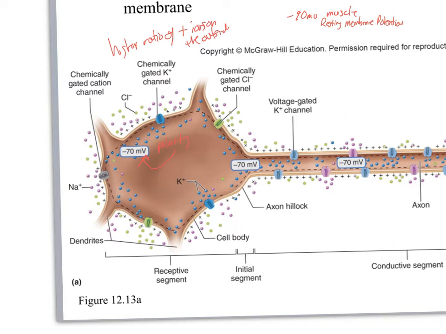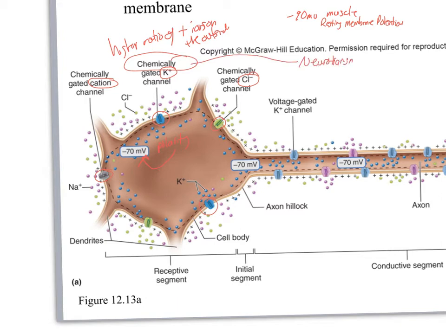Now, the other thing I like is the way they have embedded channels. I've got a chemical gate for potassium. I have a chemical gate for chloride ions. I have a chemical gate for just general cations. Here's another potassium gate. Now, these chemical gates are responding to neurotransmitters.